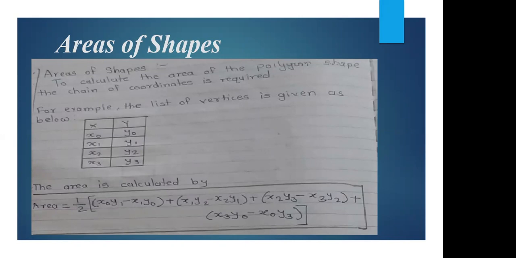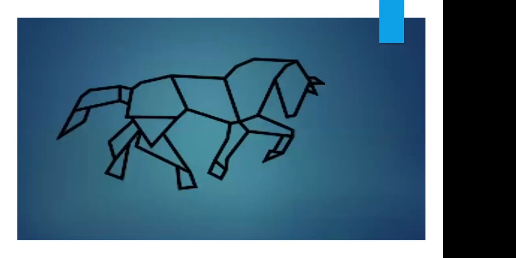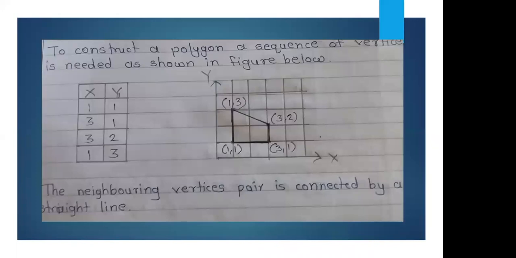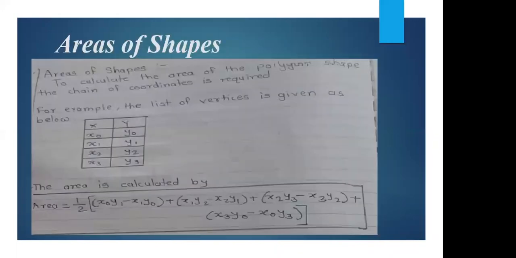Areas of shapes means there are different types of polygons available. Then the area of a shape is found by using this formula. Suppose there is a polygon having the vertices x0, x1, x2 and the coordinates y0, y1, y2, and y3.